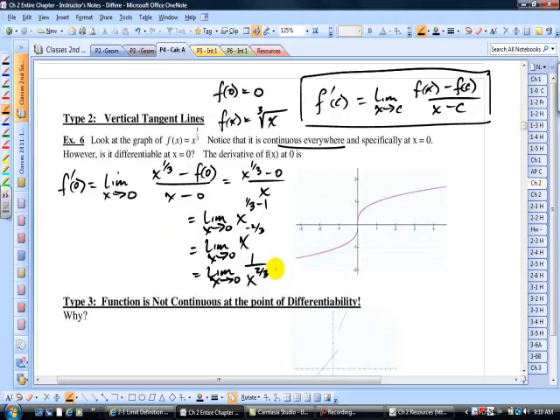So what you're getting here is 1 divided by an infinitely small number, and that becomes infinitely big. So we say that it is approaching infinity, which is not a real number.